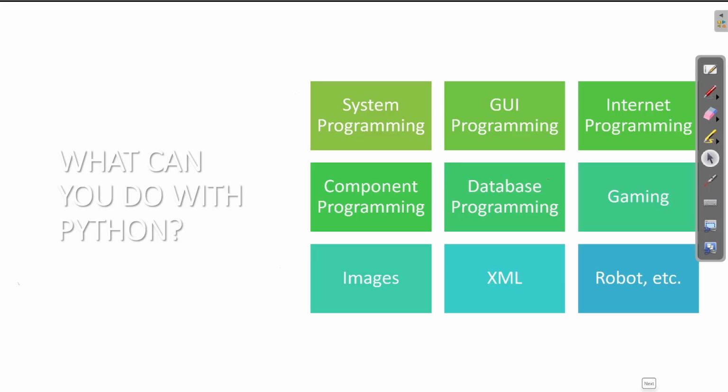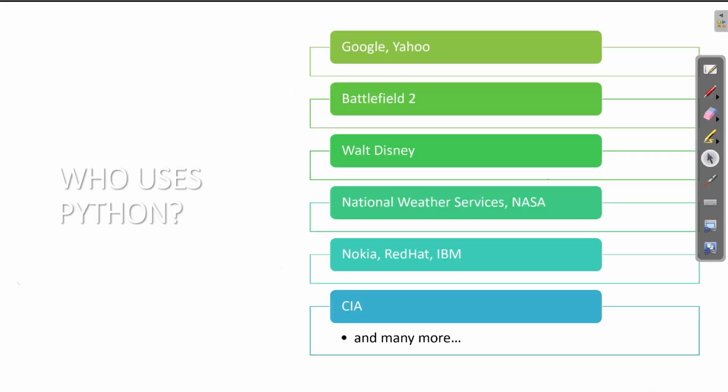Python is a very widely used programming language nowadays. Who uses Python? There are multiple companies which are using the Python programming language, like Google, Yahoo. Every company nowadays is using Python based on their requirement in a different field. Like if someone is dealing with networking devices, like Cisco.